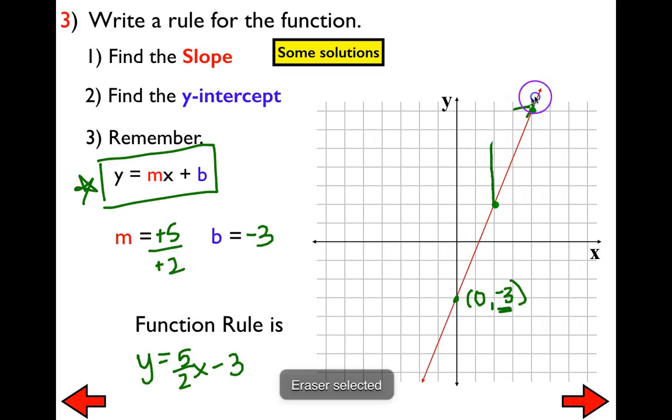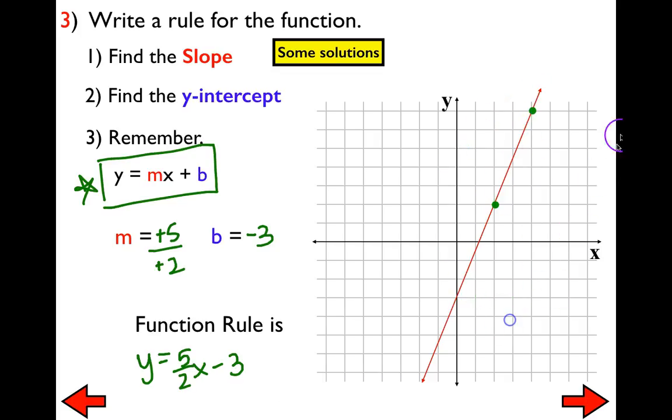Once more, we're going to go ahead and write down some solutions, which essentially are your ordered pairs. So this one here would be (2, 2). This one here would be 1, 2, 3, 4, let's see, 1, 2, 3, 4, 5, 6, 7. There's one here.